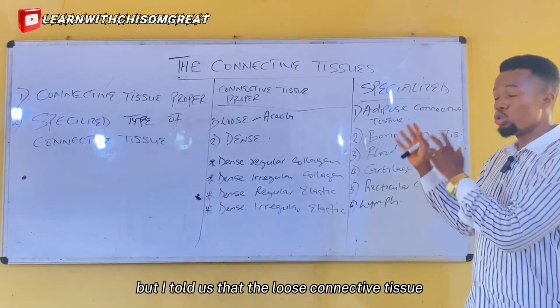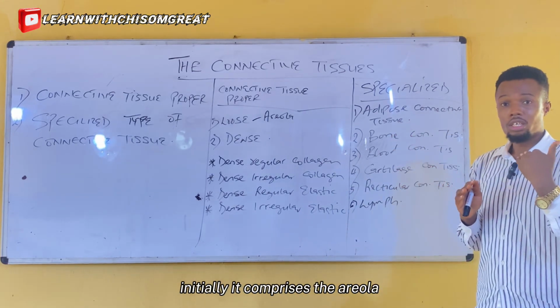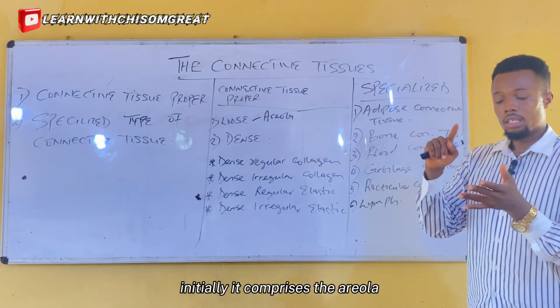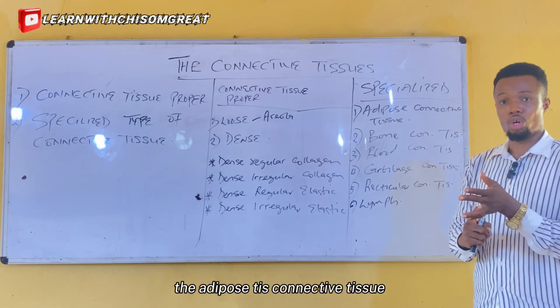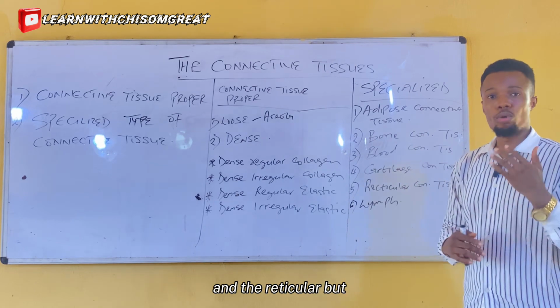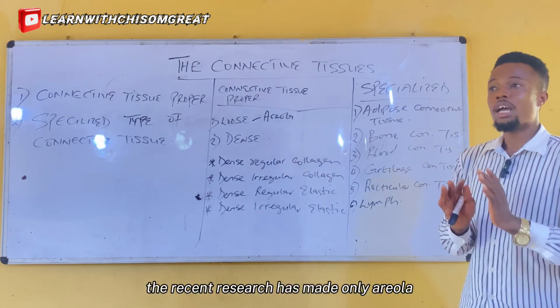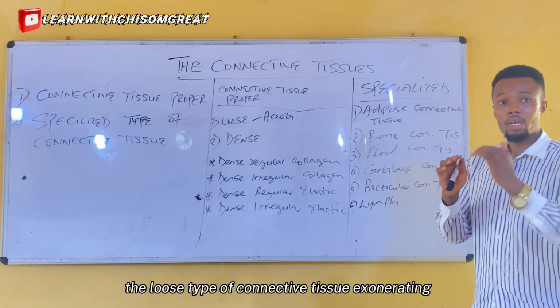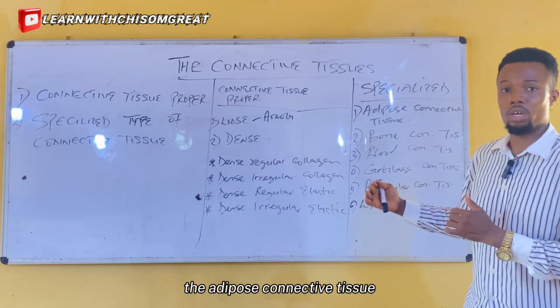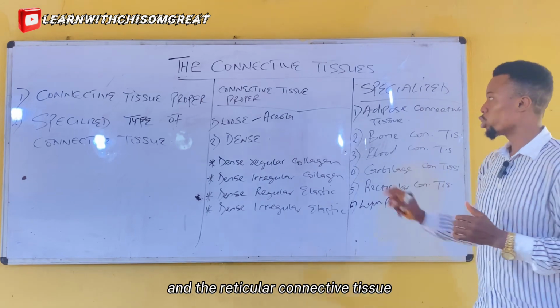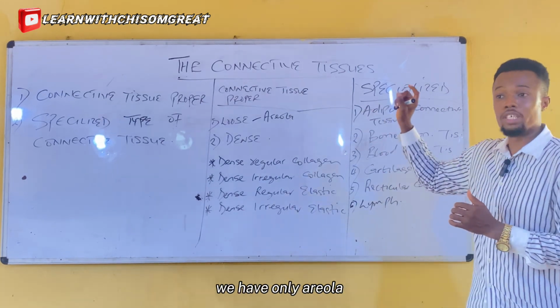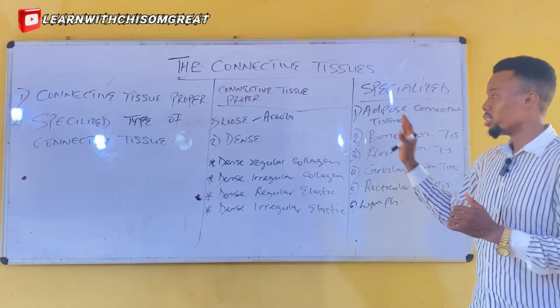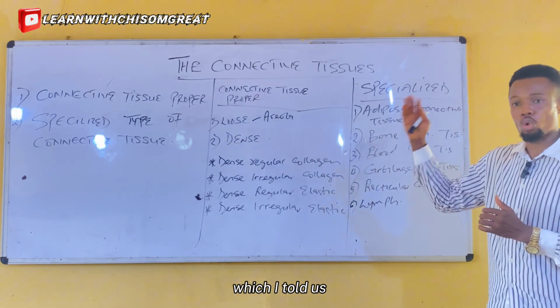Initially, the loose connective tissue comprised the areolar, the adipose, and the reticular, but recent research has made only the areolar the loose type, exonerating the adipose and reticular connective tissue. Then the dense is further divided into four types.